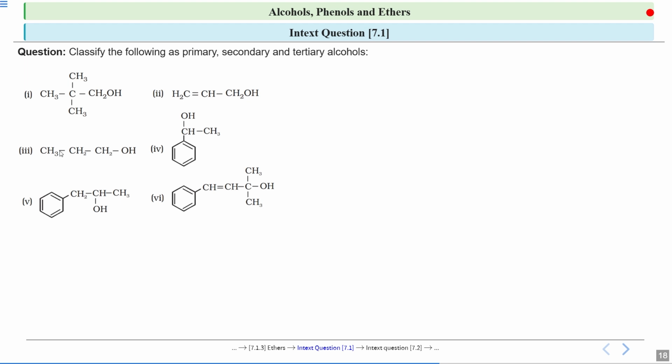Third one, CH3, CH2, CH2OH. Fourth one, a benzene ring attached to CHOH, CH3. Fifth one, a benzene ring attached to CH2, CHOH, CH3. And the sixth one is a benzene ring attached to CH double bond CH, C, CH3, CH3, OH. You are given some time, try to analyze this question, and then we will see the correct answer for each part.